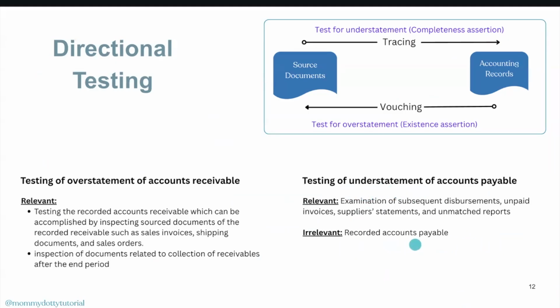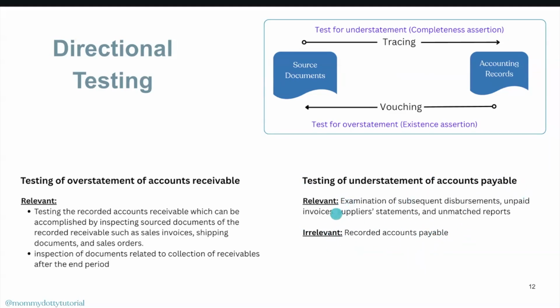The recorded accounts payable is no longer relevant to what we are going to do. So the relevant testing is the examination of subsequent disbursements, unpaid invoices, suppliers' statements, and unmatched reports, because we're looking for those transactions which are not yet recorded. Recorded accounts payable are already recorded, so that's not relevant anymore.